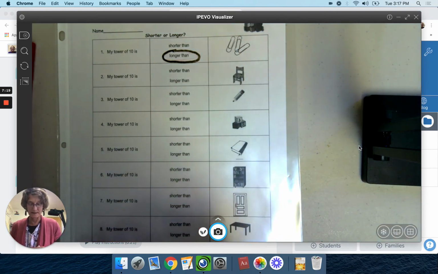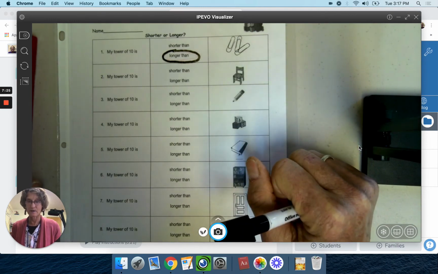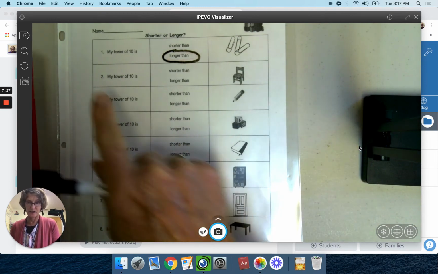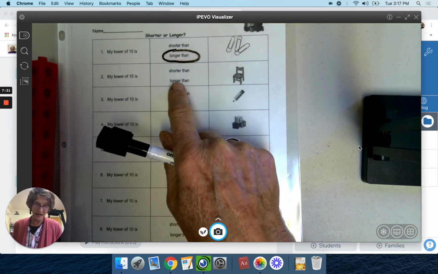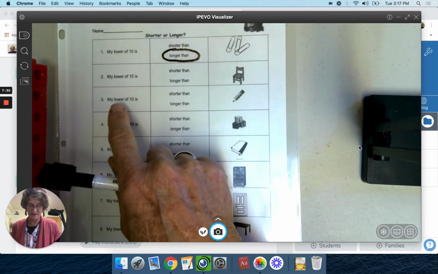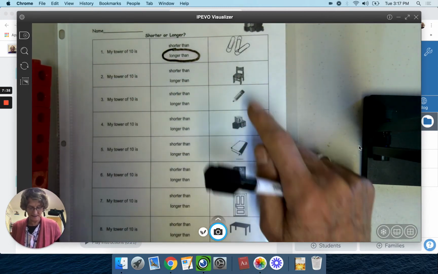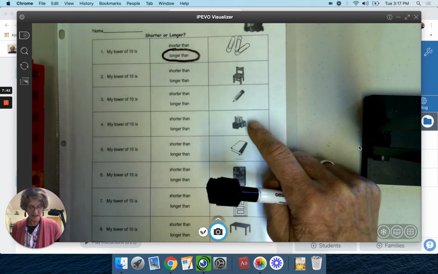It went on longer. Go to a chair. Find out. What is the Tower of 10? See, that's always first. Is it shorter or longer than the chair? Measure with a pencil. Keep going. If you don't have one of these things, if you don't have blocks, I know you have a door.